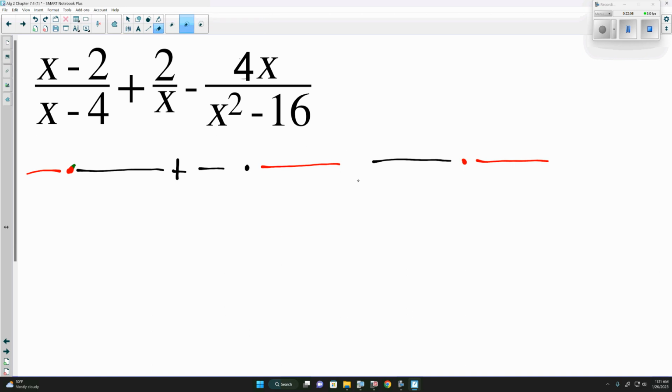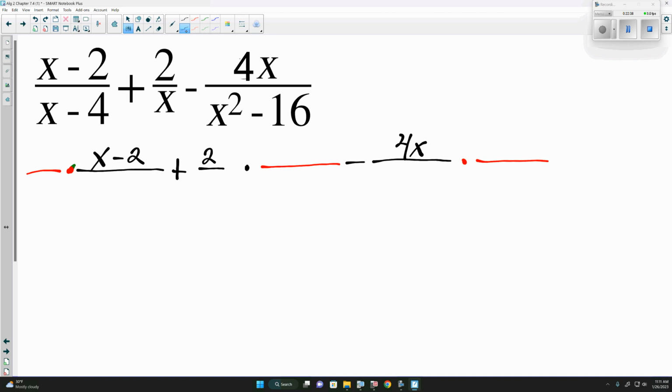This one's not addition, subtraction. So we're going to do one here where we have addition and subtraction. So a little bit of each. Now the numerators are going to be x minus 2, 2, and 4x. So I put those in already so we do have it spaced out, because we're going to have to multiply each one of these by something so we get the denominators to be the same.